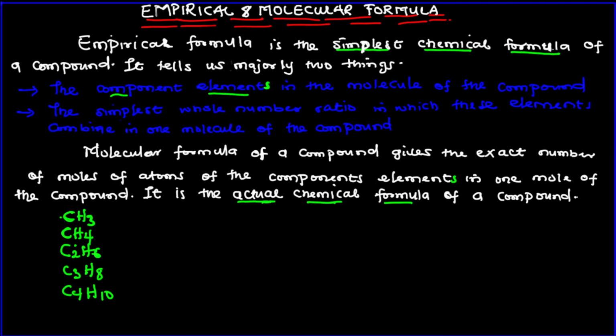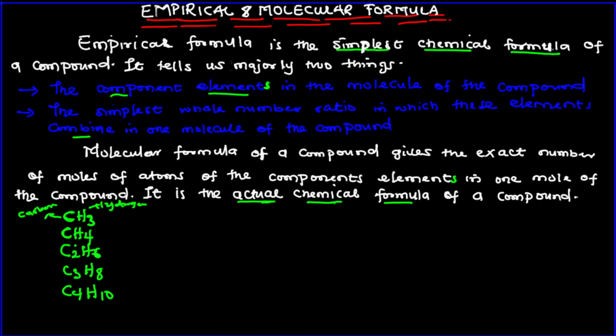So you see that this compound contains carbon and what? Hydrogen. It's a combination of carbon and hydrogen. Molecular and empirical formula show us that. But the major difference is that empirical formula shows us the simplest whole number ratio in which these elements combine in one molecule of the compound.